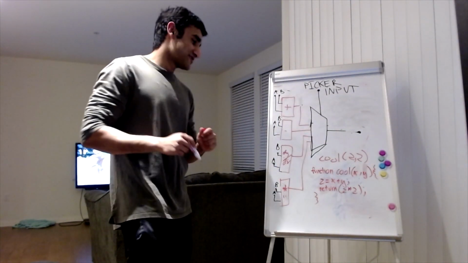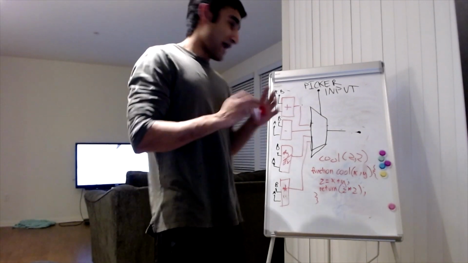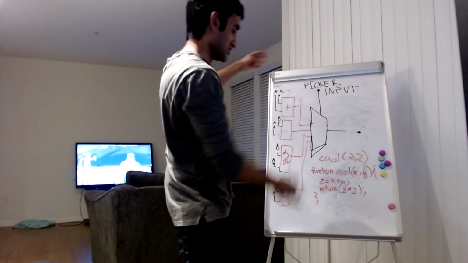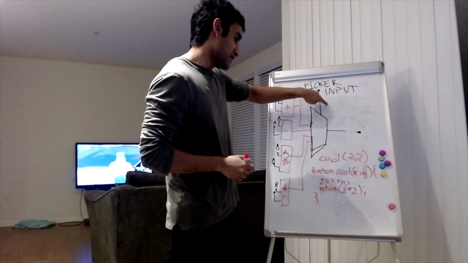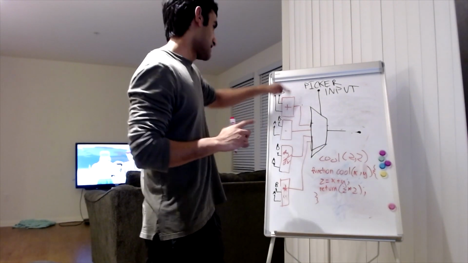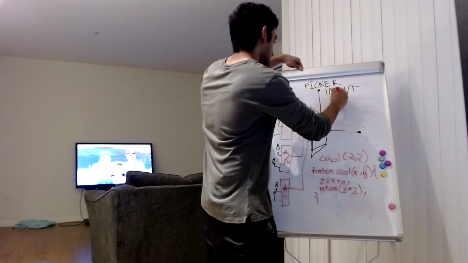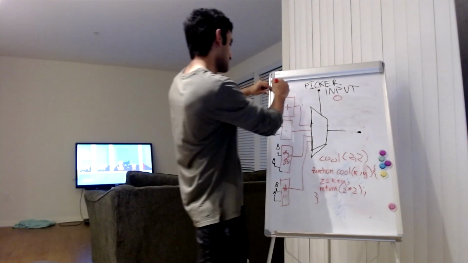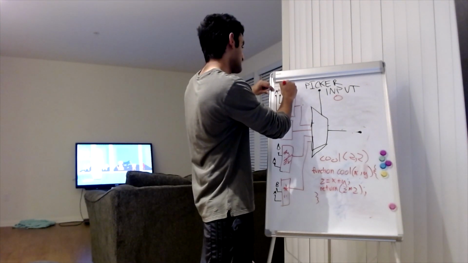So what's going to happen here? With some magic, first it's going to tell this piece of machinery, hey, set this picker input to, we're going to do addition here, right? That's our first line of code here. So set this picker input to the number 0, and then set A to 2, and set B to 2.